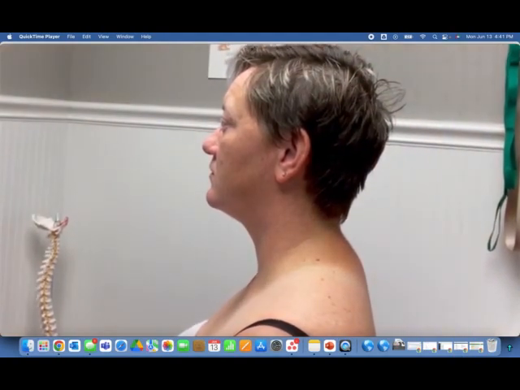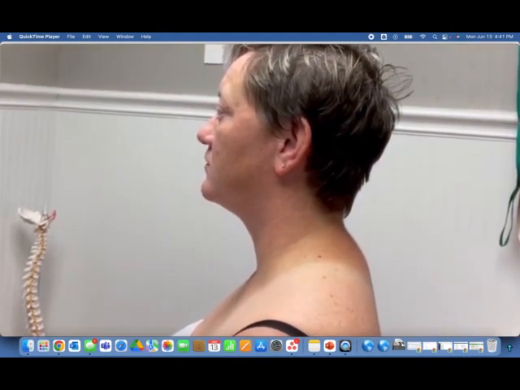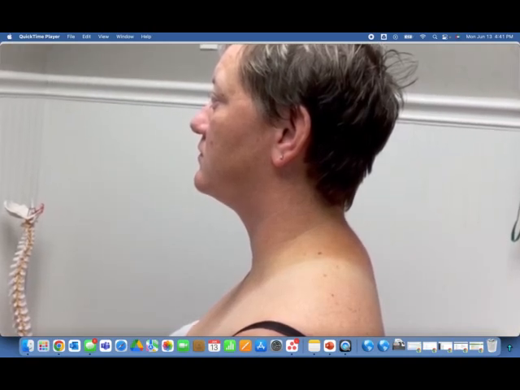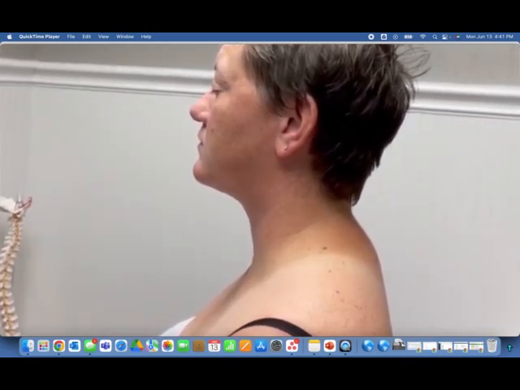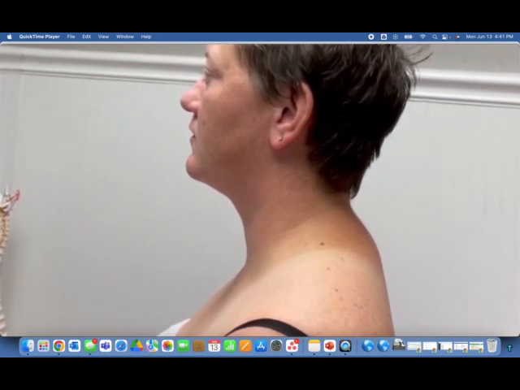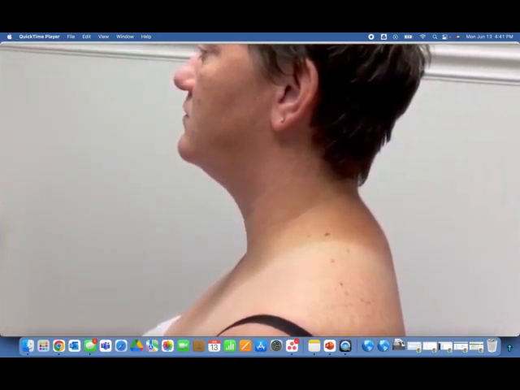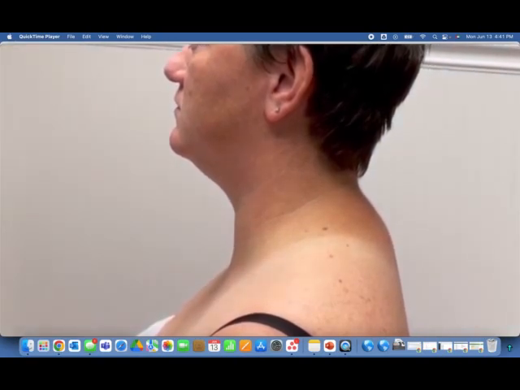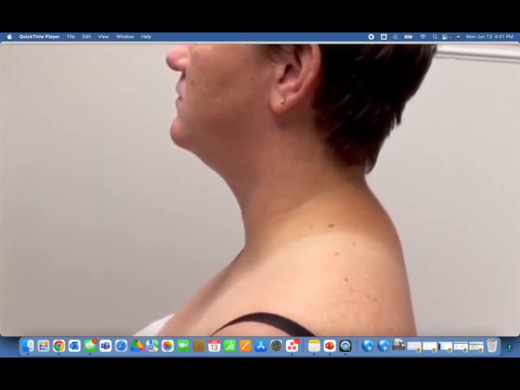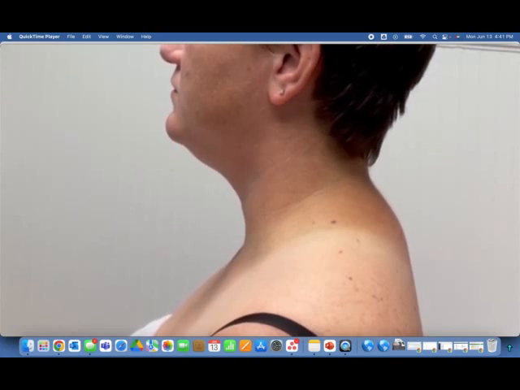I don't necessarily do this with every patient, but it is a good frame of reference for us to utilize. So what we'll look at is our hyoid bone, the V-notch of the thyroid cartilage, the smooth side surfaces of the thyroid cartilage, then the cricoid cartilage, and then lastly the sternal notch.